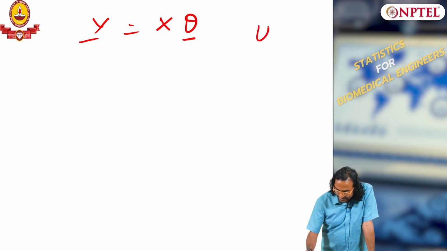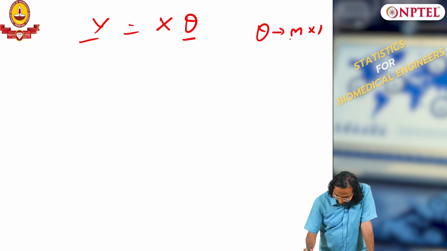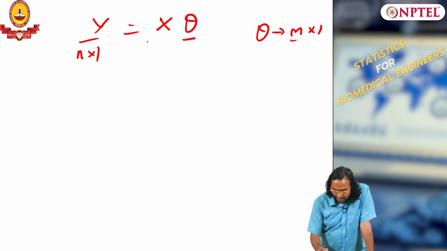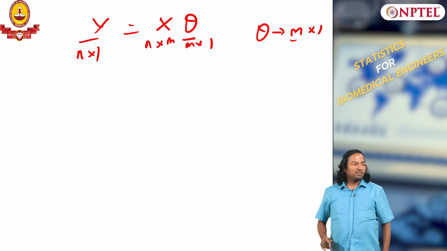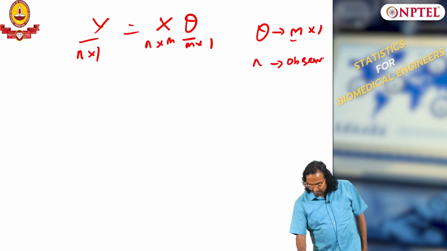Theta is, let us say, m cross 1, so there are m parameters, y is n cross 1, and x is an n cross m matrix, where n is your observations and m is your parameters.